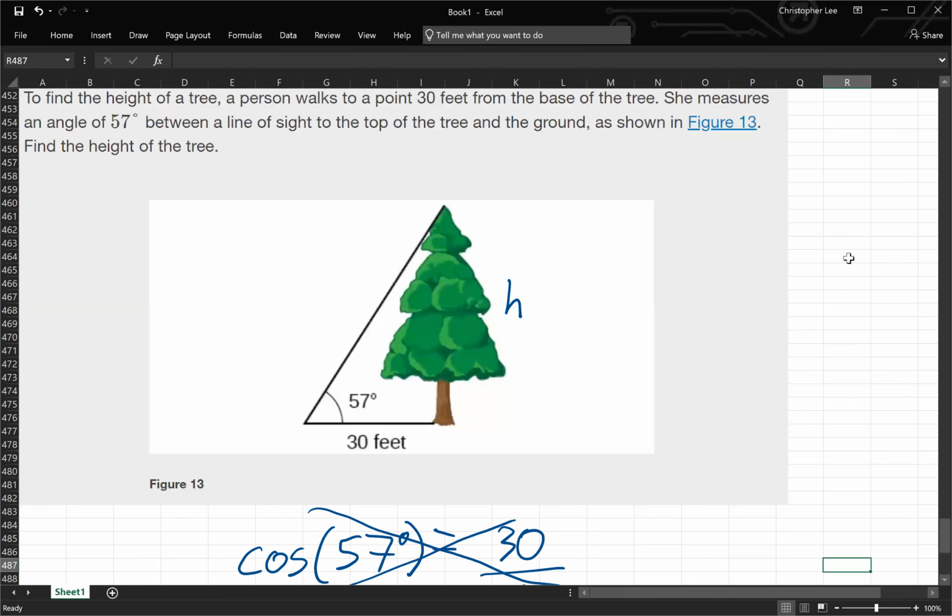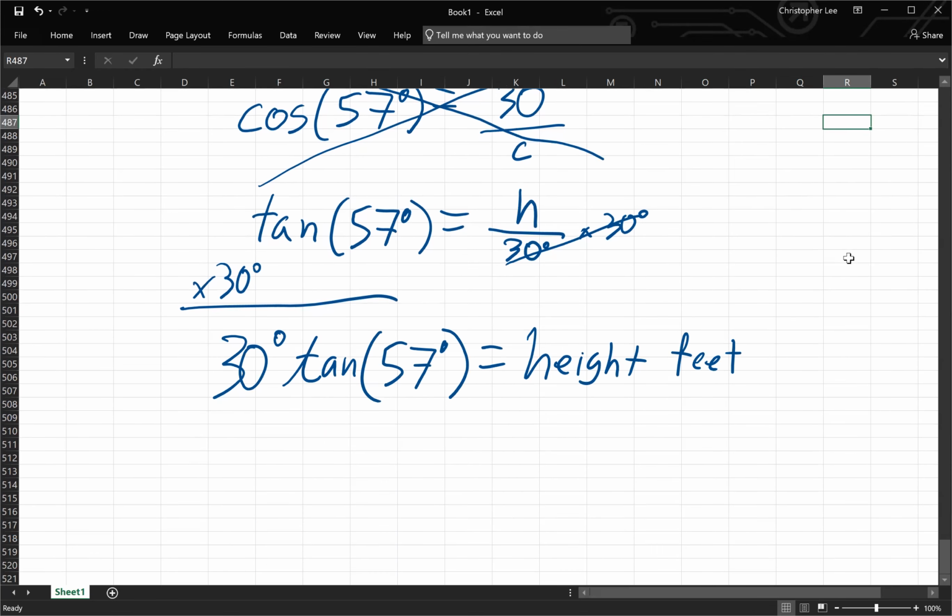So H is 30 tan 57 degrees. Okay, I'll take it. I heard 46.195, 959. Okay. I don't really care about the answer here. I just wanted y'all to see that.